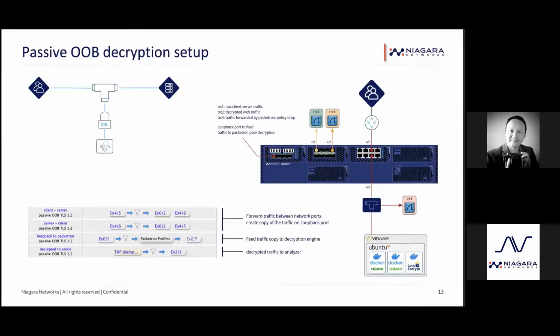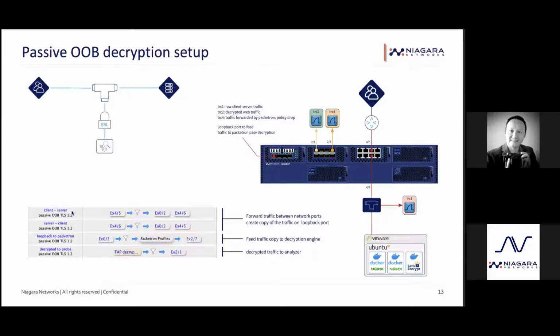So that's the traffic that goes out to TRC1, Wireshark traffic capture 1, and inside we send the traffic to the TLS engine. The TLS engine does its decryption and sends the traffic out on port 27 and shows that traffic on TRC4. So if we look at the configuration of the packet broker, that's only 4 lines, and I put it here.